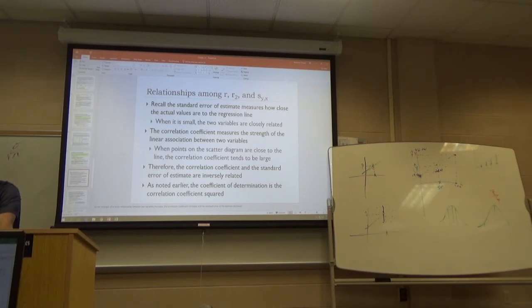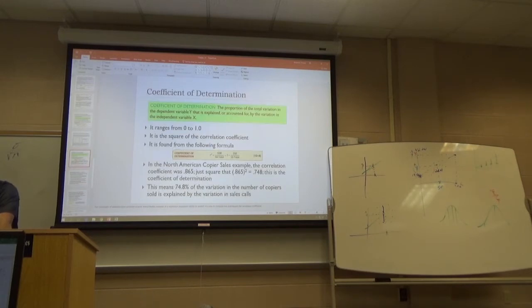We'll start with this as a refresher. Coefficient of determination, what are we talking about here? So this is the formula for it, but what are we solving for? What does it say we're solving for? The portion of the total variation in variable y that is explained, or accounted for, by the variation in the variable.